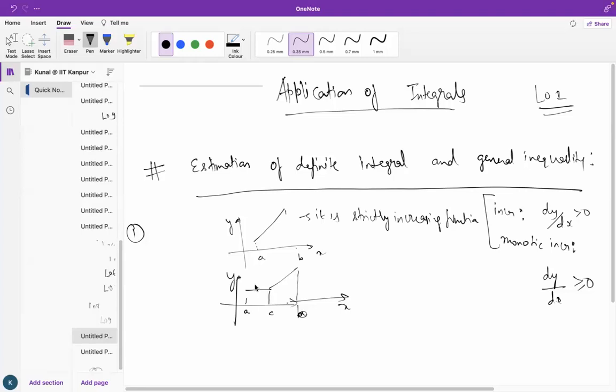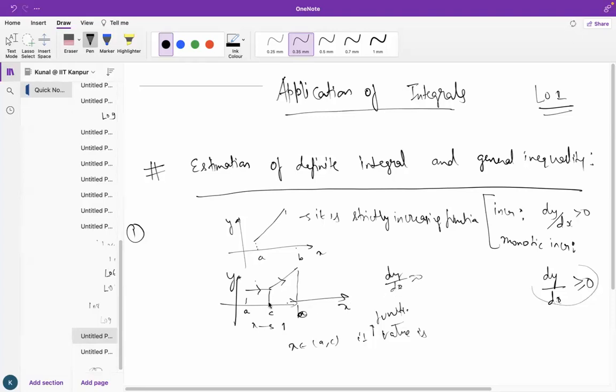This function is also increasing: as x increases, the function value also increases, but when x belongs to A to C, its value is constant. The function value is constant, so there dy by dx is equal to 0.